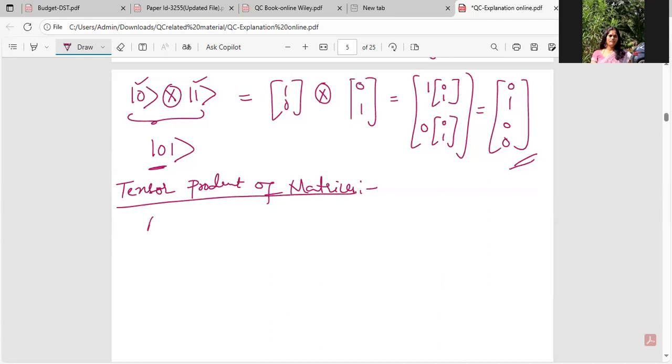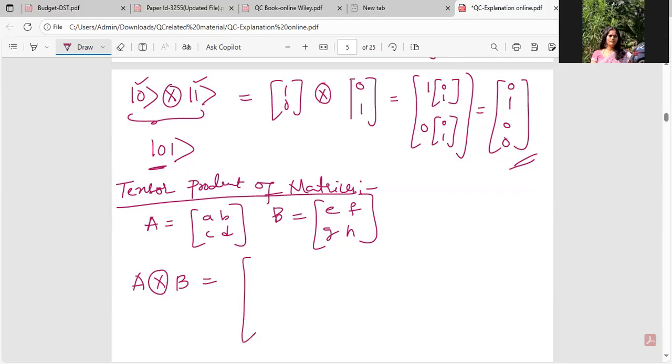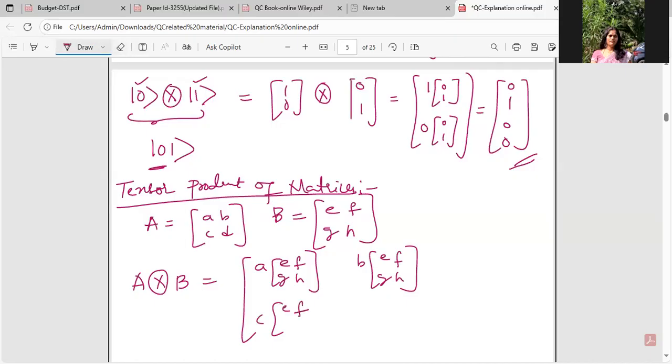Suppose I have capital A equal to [a, b; c, d] and capital B equal to [e, f; g, h]. So how do I find the tensor product of A and B? Just see here: a times [e, f; g, h], b times [e, f; g, h], c times [e, f; g, h], d times [e, f; g, h].